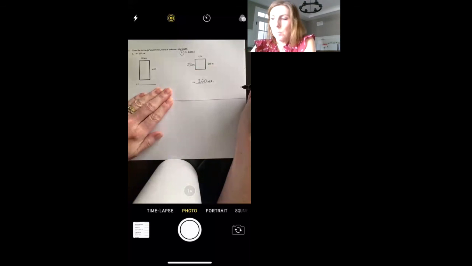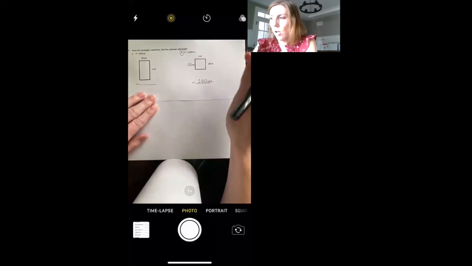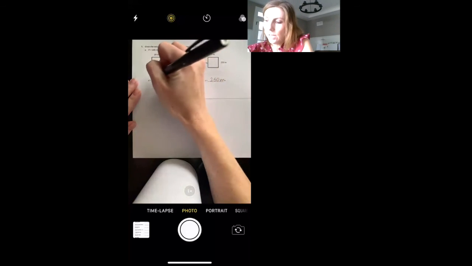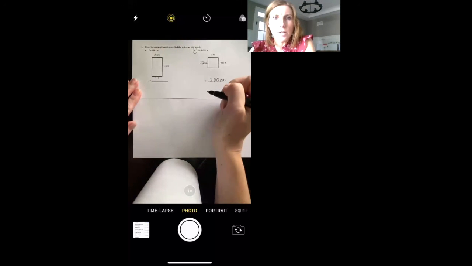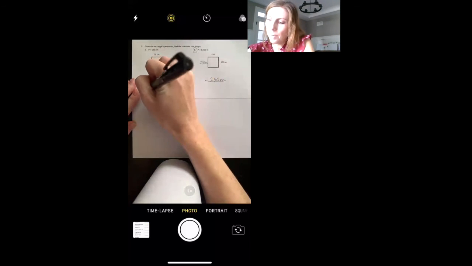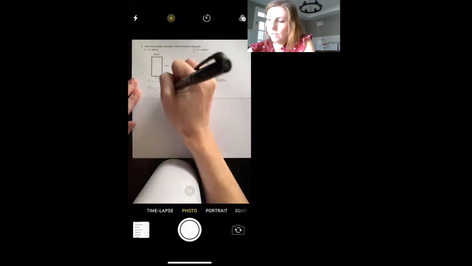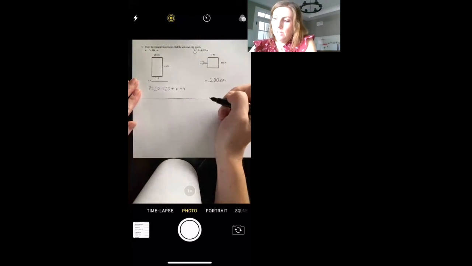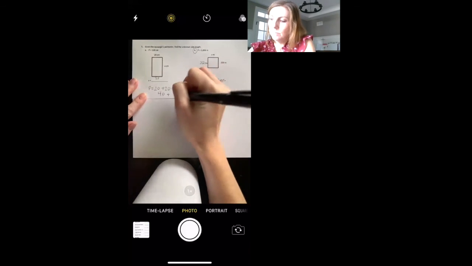But if we look over here at A, we have 120 to get all the way around. I know I have a 20 and a 20, but I don't know what the other two sides are. So if I think about my perimeter, I have 20 plus 20 plus x plus x. So that's 40 plus 2 x's.